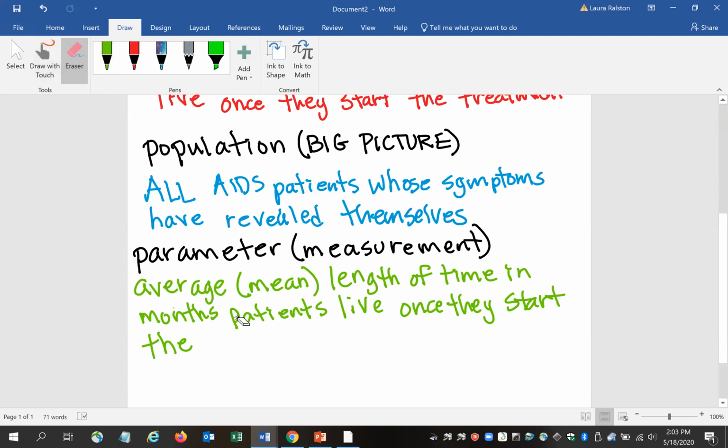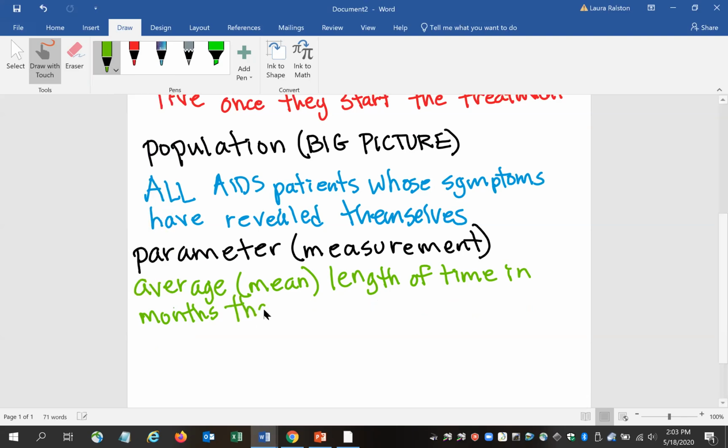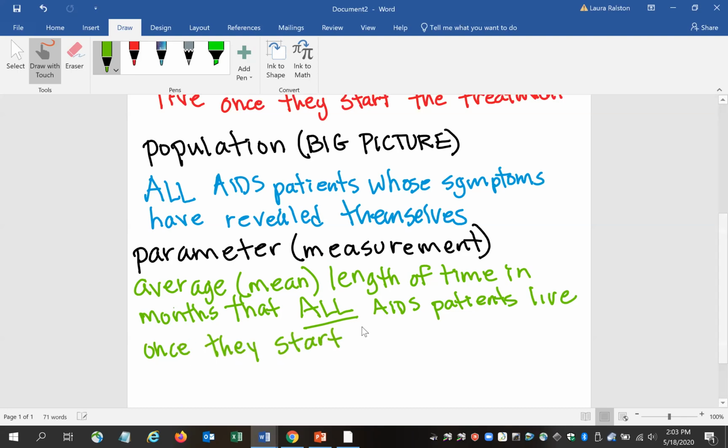We should say the average mean length of time in months that all, because we're doing it for the population, all AIDS patients live once they start the treatment.